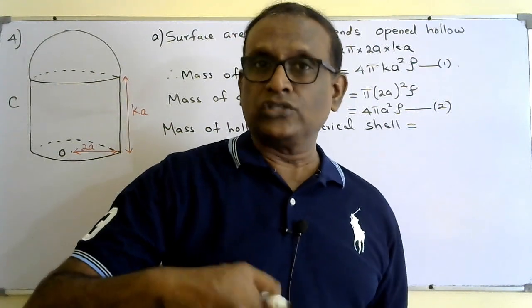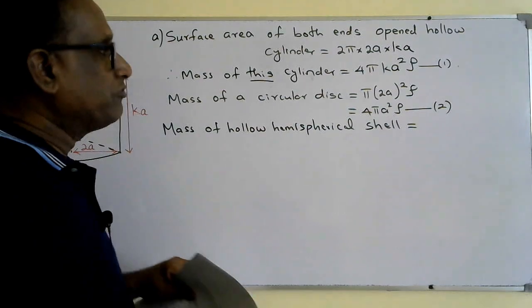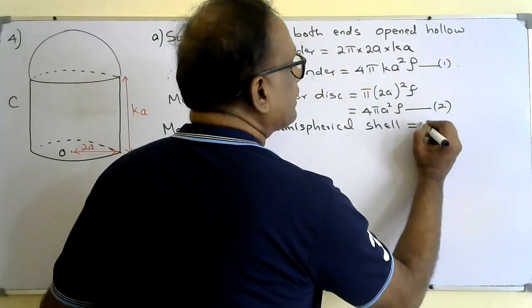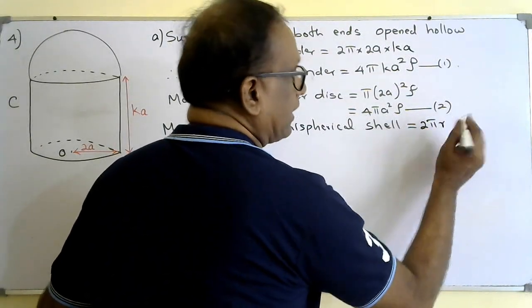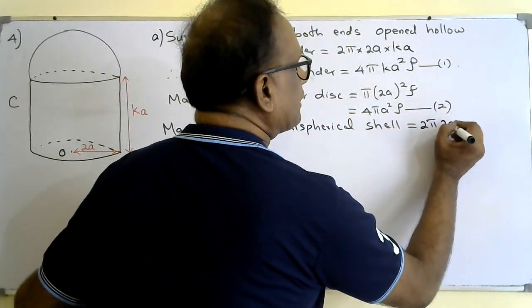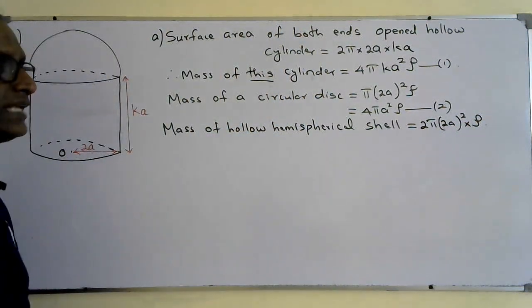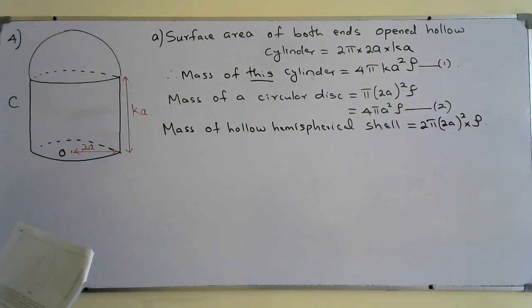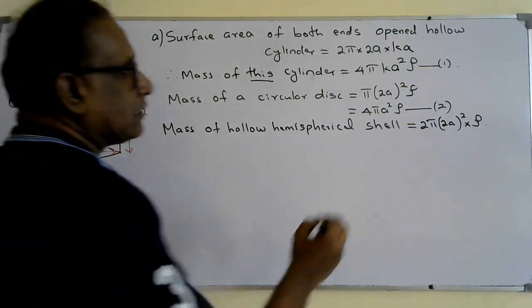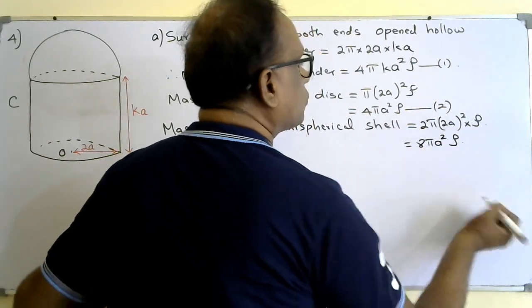This is half of it, 4 pi r squared divided by 2, that is 2 pi r squared. R is 2a, so 2 pi into 2a all squared into rho, same material so same mass per unit area. So it's going to be 8 pi a squared rho.